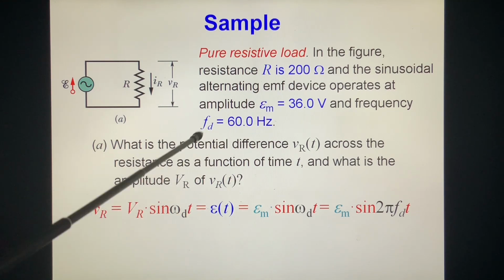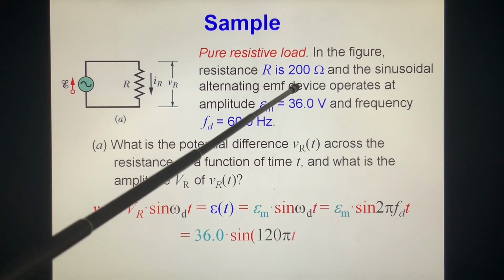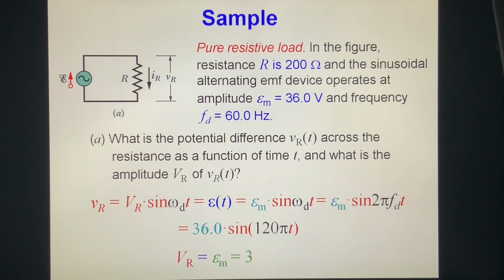Omega is 2 pi f, so we put those inside. This is 36.0. Comparing, we have VR equal to 36.0 volt. So VR equals EM equals 36.0 volt.